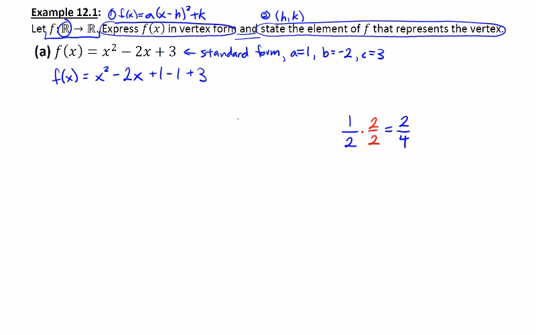So this add 1 minus 1 business would really just cancel itself out. In other words, all I did was add 0. Adding 0 does not change the equivalency of my statement. It's just a creative way of rewriting it.